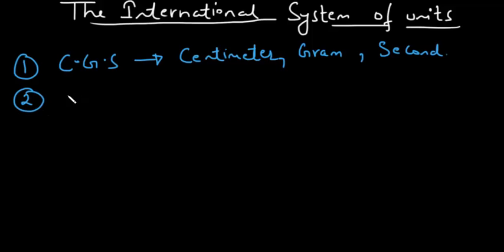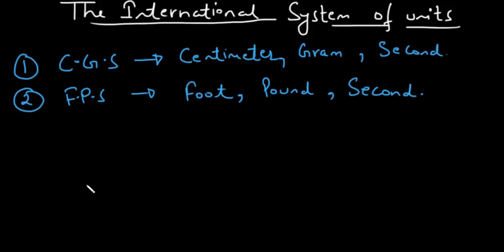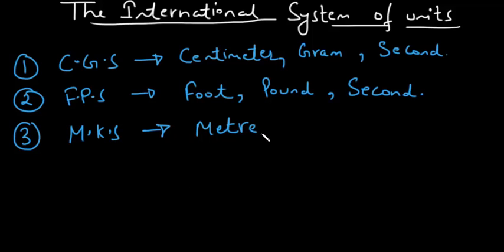Second was FPS, foot for length, pound for mass, and second for time. And the third one was MKS, where M is for meter, which is for length, kilogram for mass, and second for time.